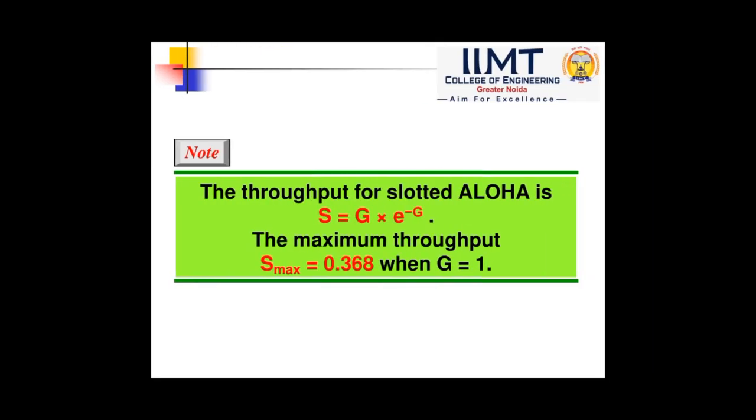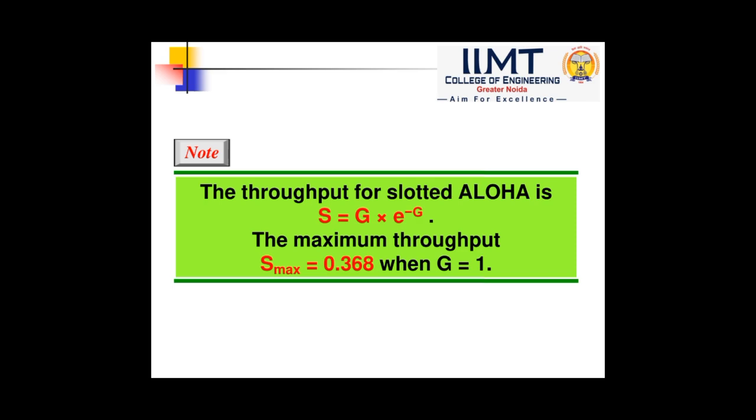The throughput of slotted Aloha is G into e raised to the power minus G. In pure Aloha the power was minus 2G; here it is minus G. When we put G equal to 1, we get the maximum throughput of 0.368. In percentage, that is 36.8, approximately 37%.